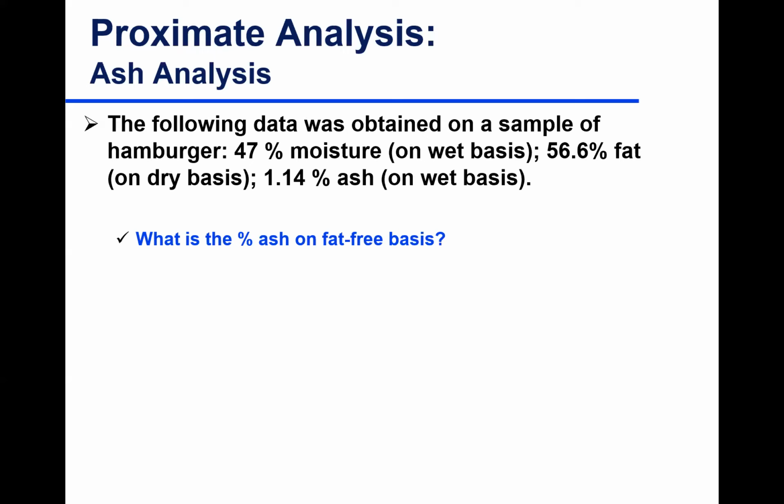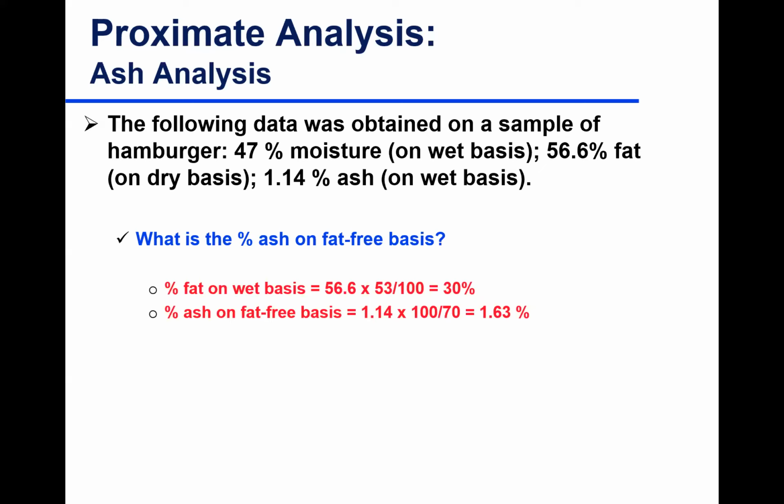So the 70 is 100 minus 30, which is the amount of fat you have on as-is basis or wet basis. Okay. Good.